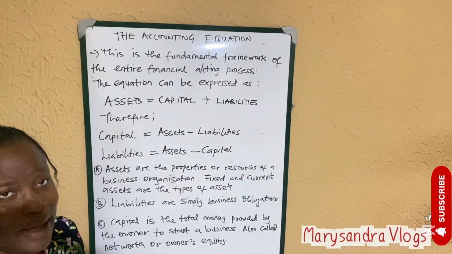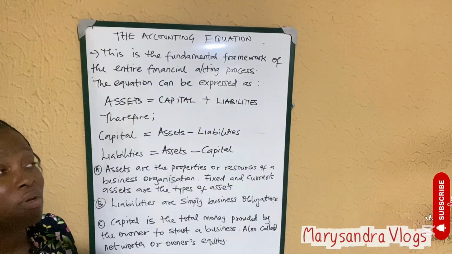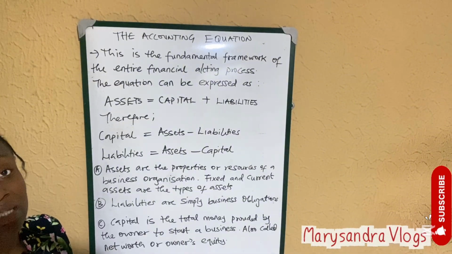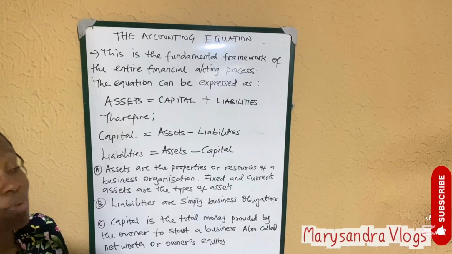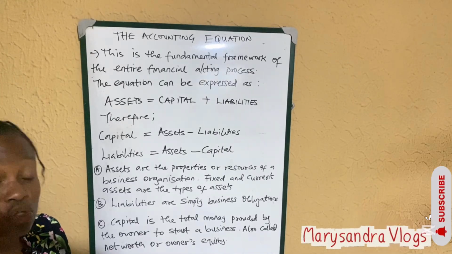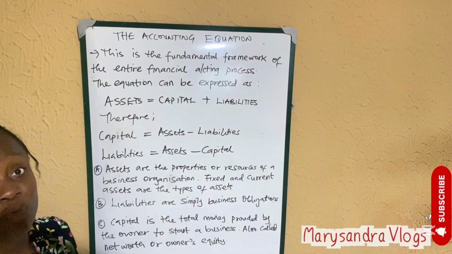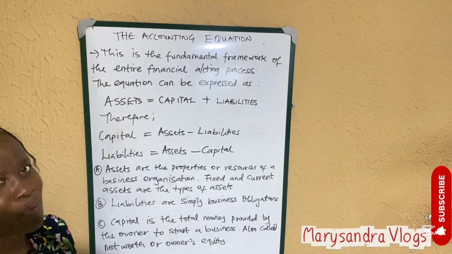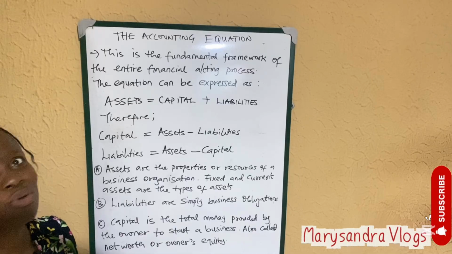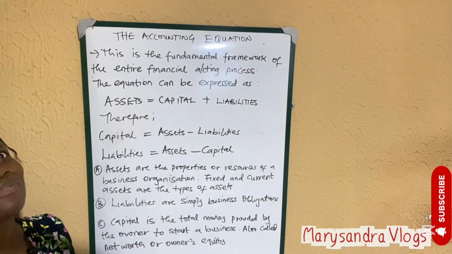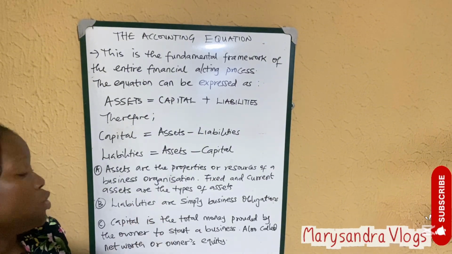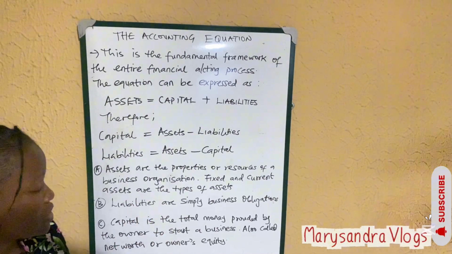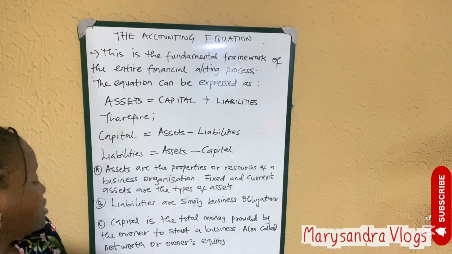Those are long-term liabilities. Now short-term liabilities are things like bank overdraft. We have your creditors, the people the business is owing. Maybe you go to the market to purchase items and you have to pay back. Of course, you can't owe people you go to purchase goods from for as long as 5 years, 10 years. No. So under liabilities, we have two: long-term liabilities and short-term liabilities.